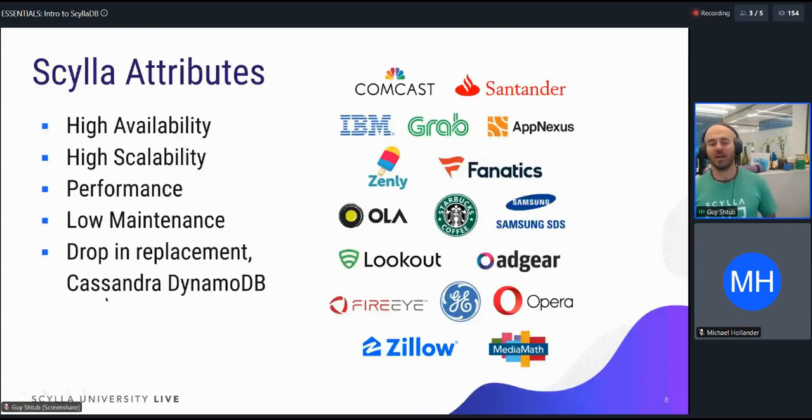And if you're coming from Amazon DynamoDB, one of the main benefits, in my opinion, is that by using ScyllaDB, you can avoid vendor lock-in. ScyllaDB runs on different clouds. You can run it on-prem, and it's open source. So you avoid the vendor lock-in that you have with Amazon DynamoDB.